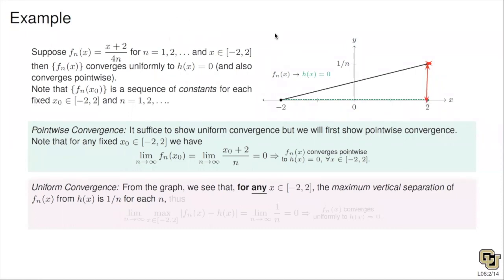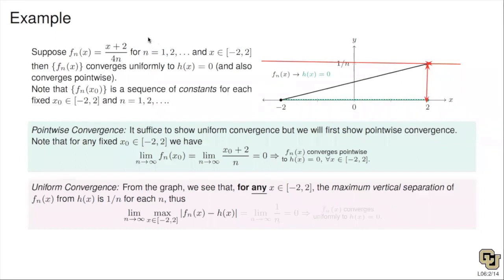Any x value you pick will always be less than this distance away from the x-axis. So here I can claim that the maximum vertical separation, the maximum height between f_n(x) as a function and the target h(x), is always less than 1 over n.